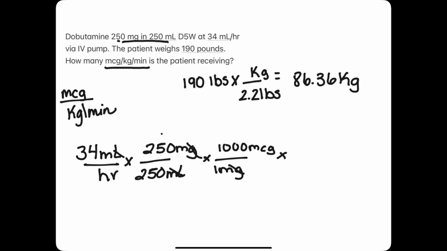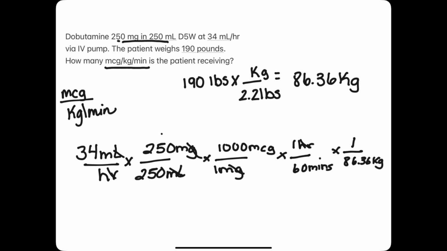All right, so our answer needs to be in minutes, so we're going to go ahead and calculate that. So we know 1 hour is 60 minutes. All right, hours cancel out, and we're left with mcg per minute, but we need to add in the kg. So we're going to put a 1, and then we're going to put the patient's weight, which is 86.36 kgs.